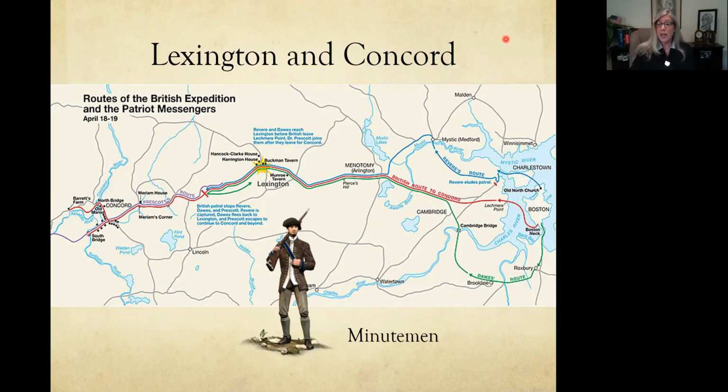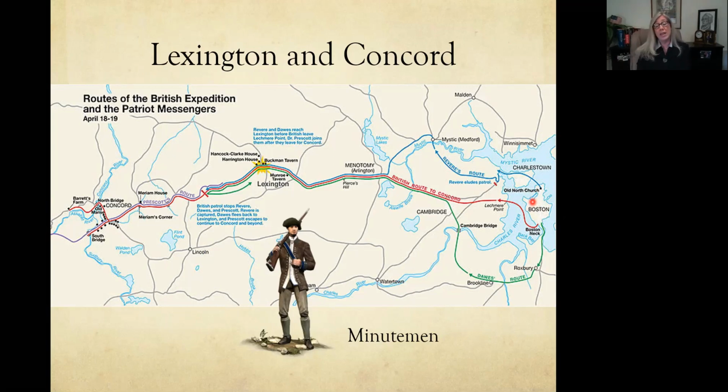So Thomas Gage, here's Boston. Notice that Boston is like this peninsula that sits here in the harbor. And he's going to send his soldiers out on a mission to capture the leaders of the Sons of Liberty. They've gotten information. Remember, there are loyalists that are still scattered in and among the people here in Massachusetts.